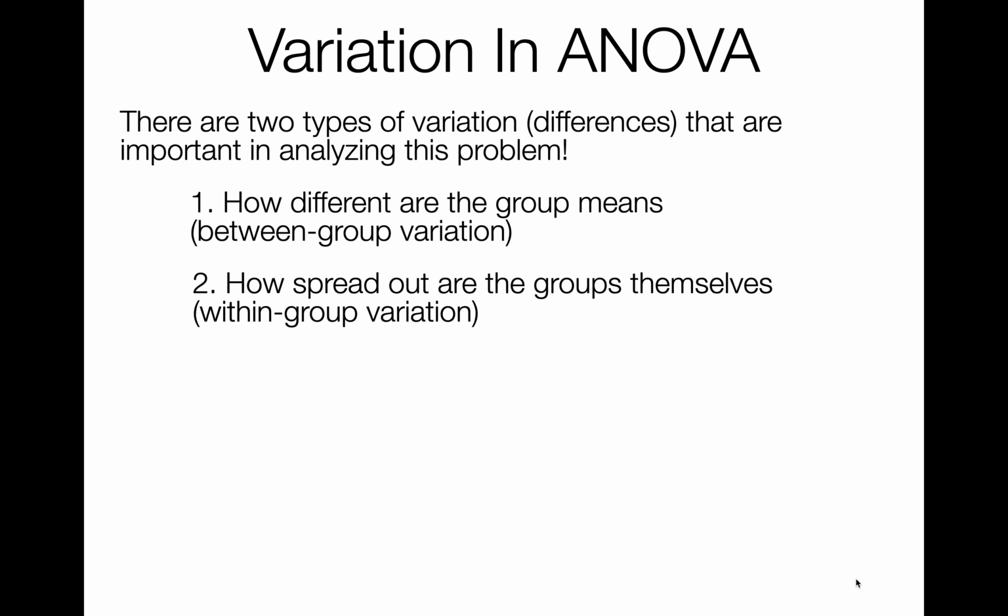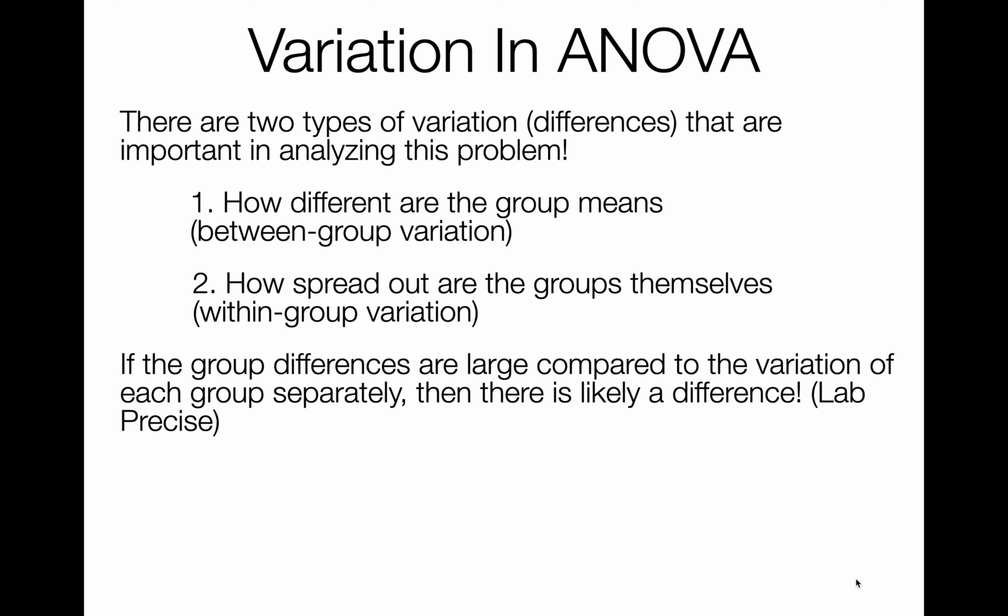But there's another type of variation that's also important. That variation is how spread out each of the groups are, by themselves, not comparing any other group, just the one sample that I got. That's called within group variation.